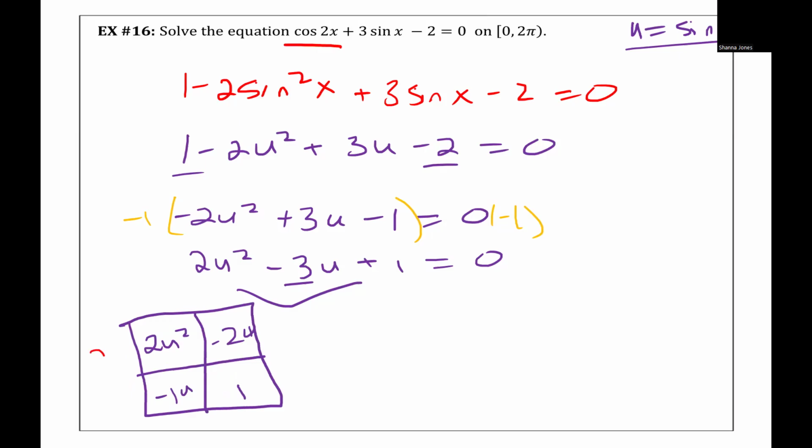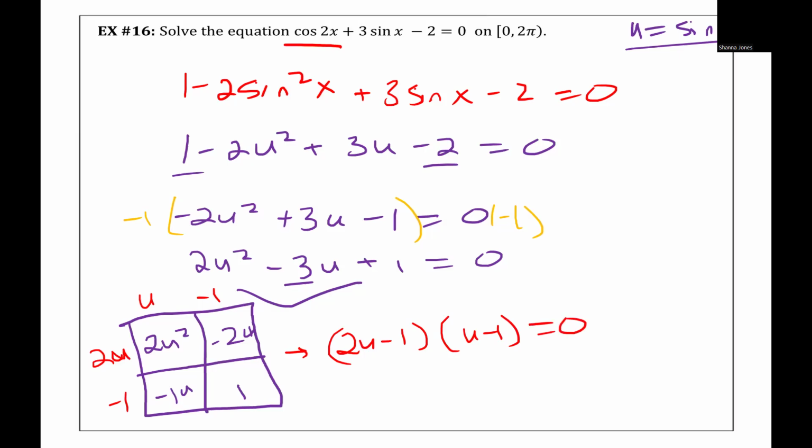The GCF here would be 2u, to u. The GCF here would be -1. The GCF here would be u. The GCF here would be -1. So my factors are 2u minus 1 and u minus 1, and all this equals 0.